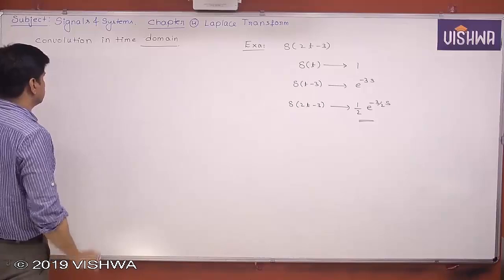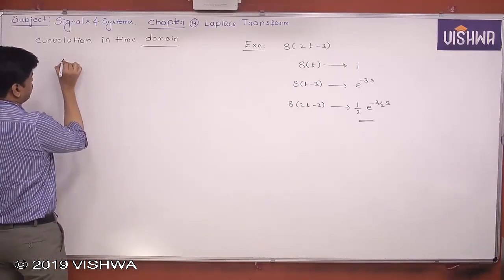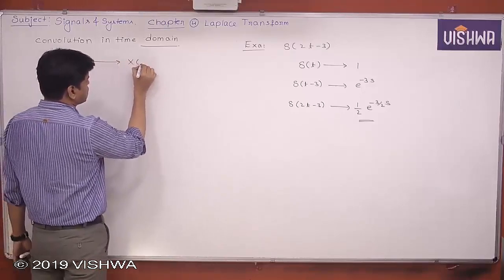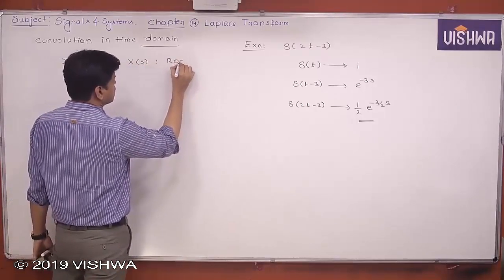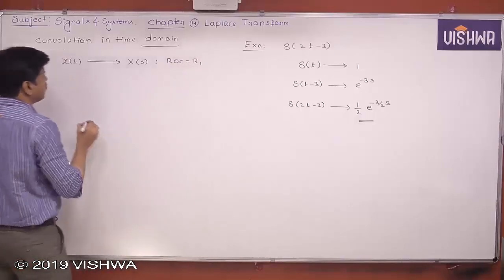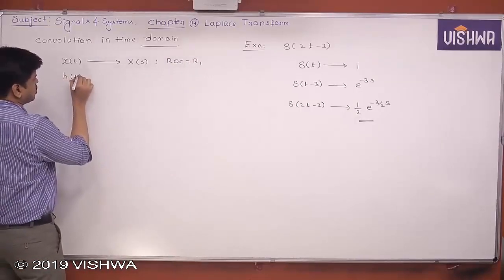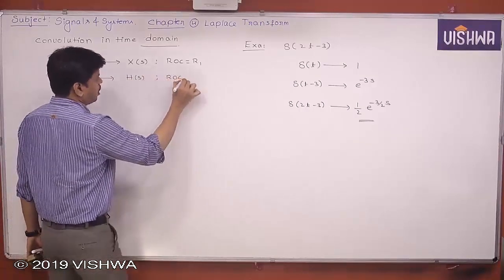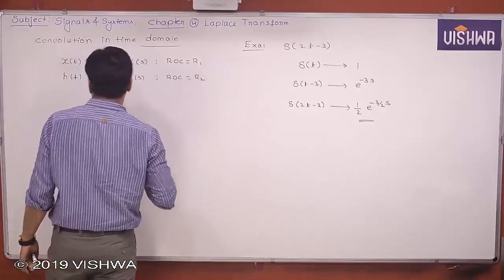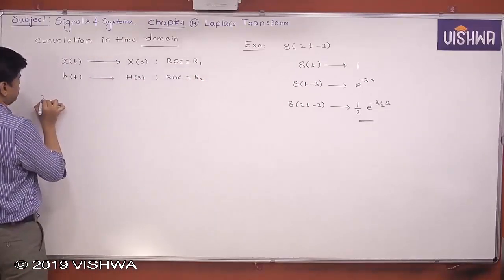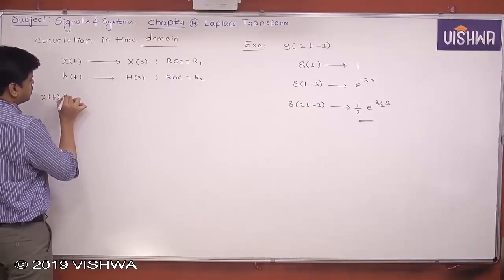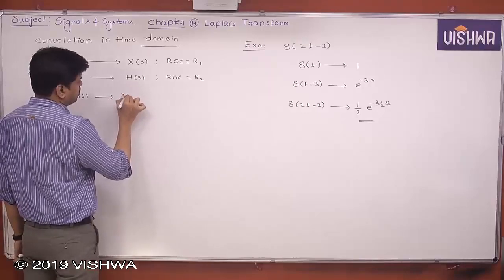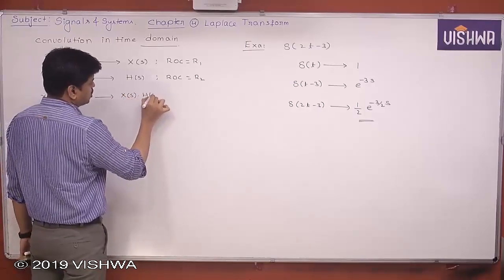What is this? Let's see. If a signal x of t has Laplace transform X of s with ROC R1, and another signal h of t has H of s with ROC R2, then x of t convolved with h of t is simply multiplication, X of s multiplied with H of s.